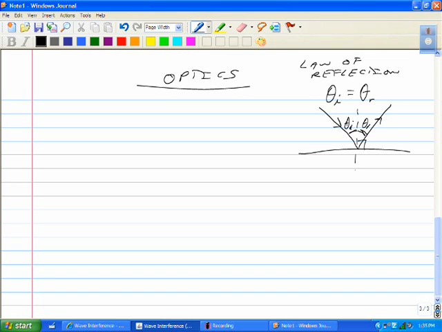Now, what is it about that silver that makes it a mirror? It reflects all the light. Do you agree?